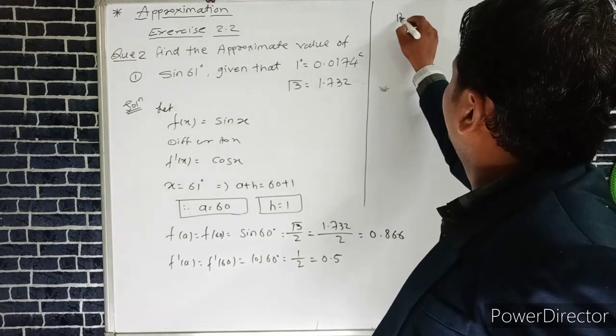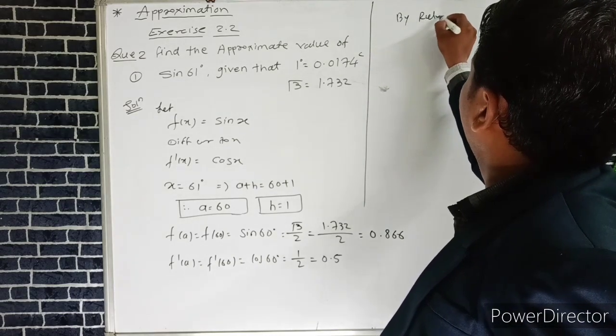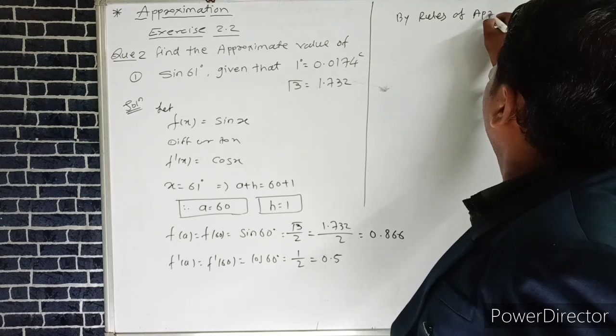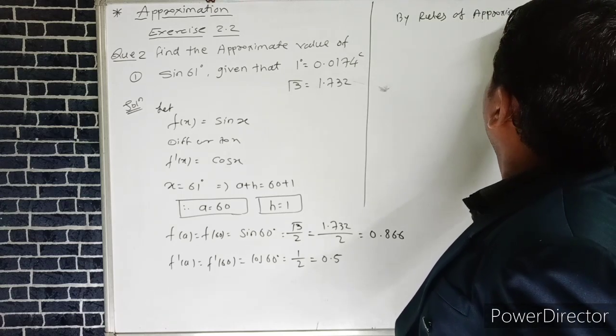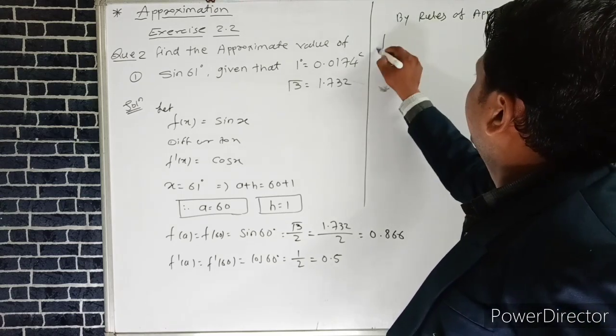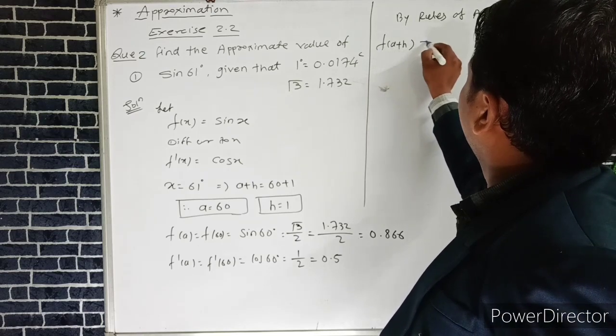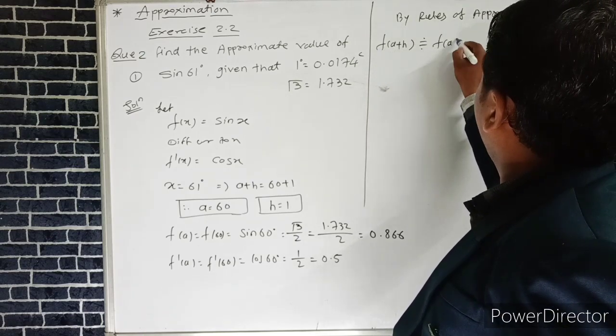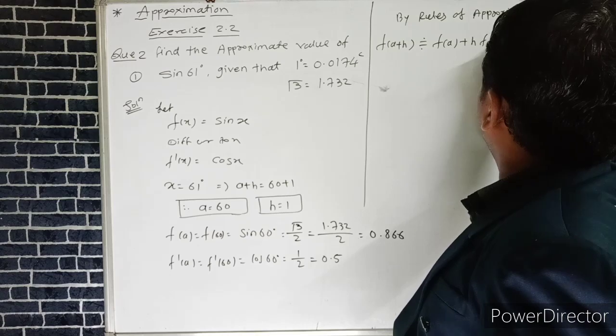So by using the rules of approximation, we can write f of a plus h is approximately f of a plus h into f dash of a.